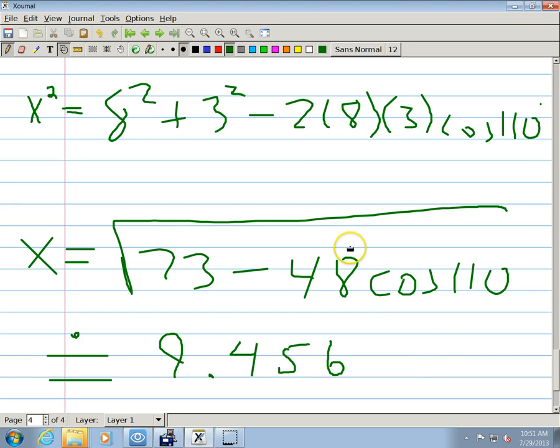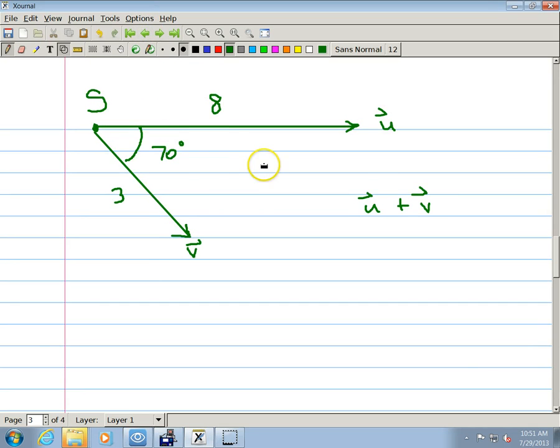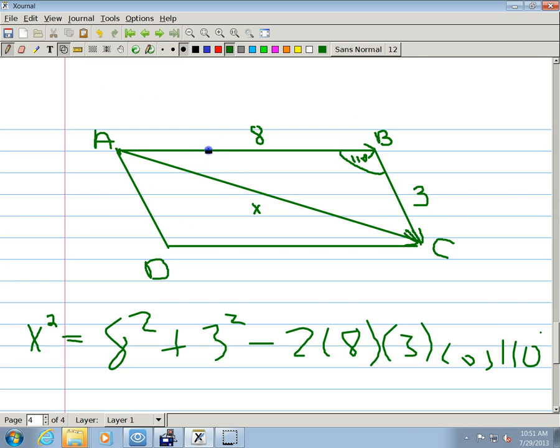Can you figure out the angle? Every vector has a magnitude and a direction. So we got the magnitude, 9.4 some odd newtons. But I also want to know what this angle is, this angle here. I want this theta. And just like last time, you can use law of sines. So the sine of theta over 3 is to the sine of 110 as it is to what we just calculated.